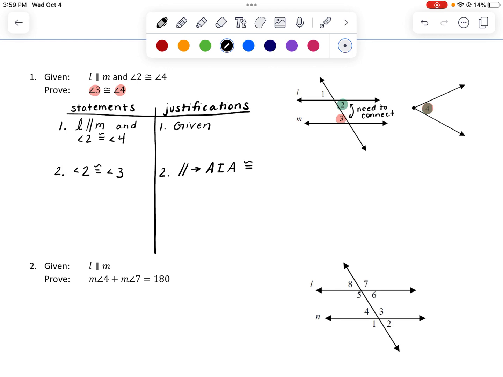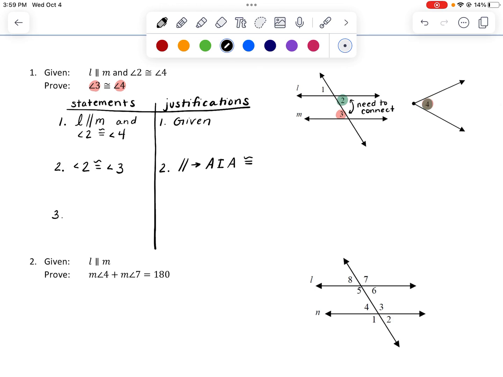Now, I'm going to read this to you. I know that 2 is congruent to 4 and 2 is congruent to 3. So I can say that angle 3 is congruent to angle 4, and you could use substitution or transitive property.